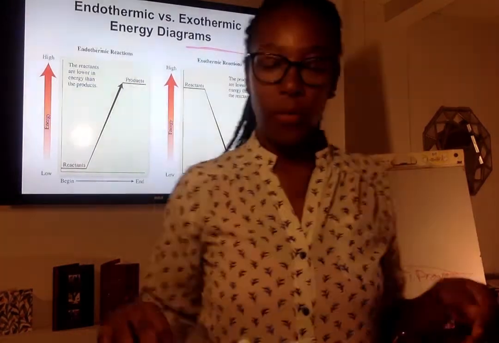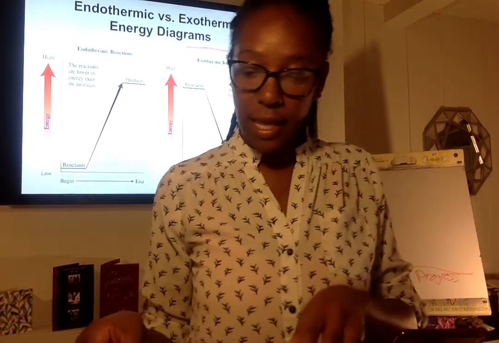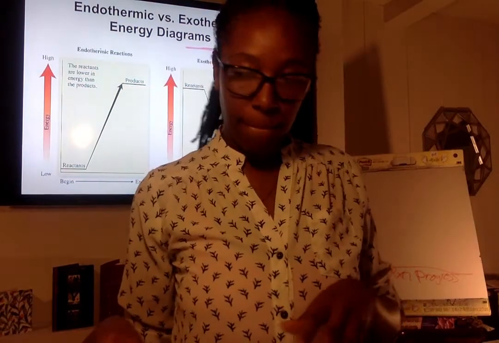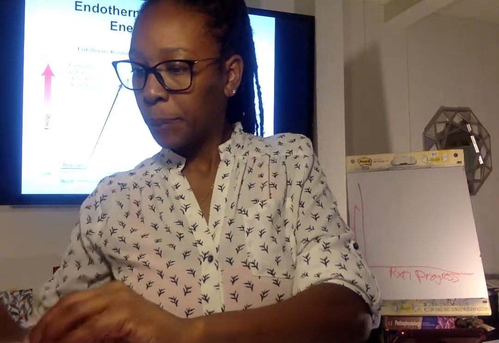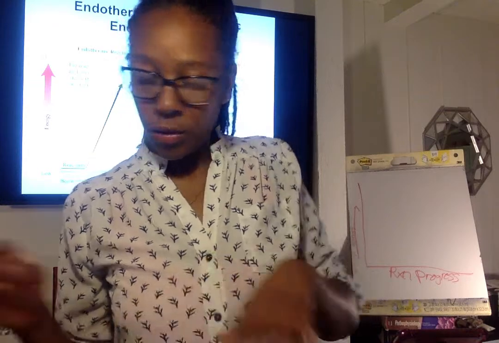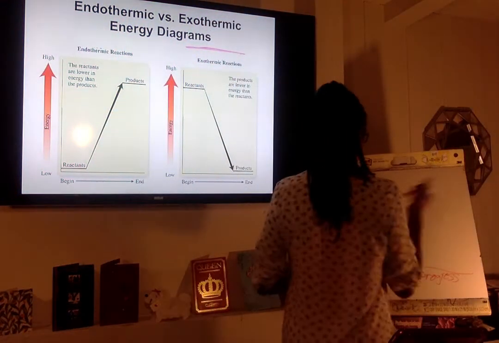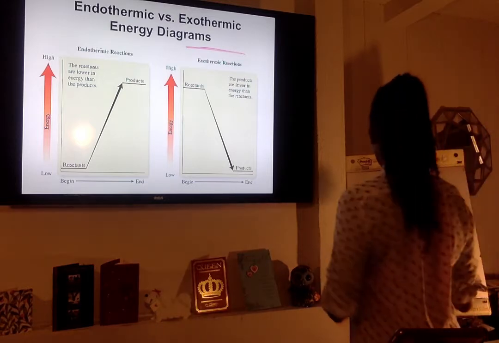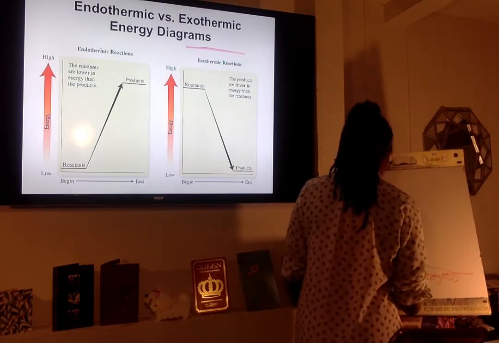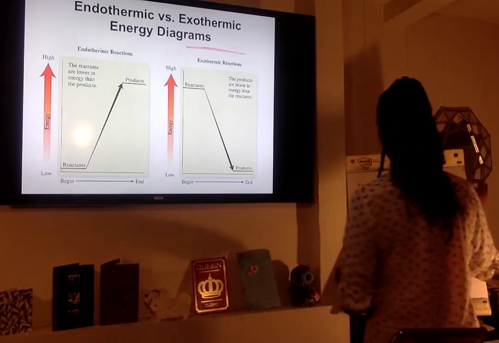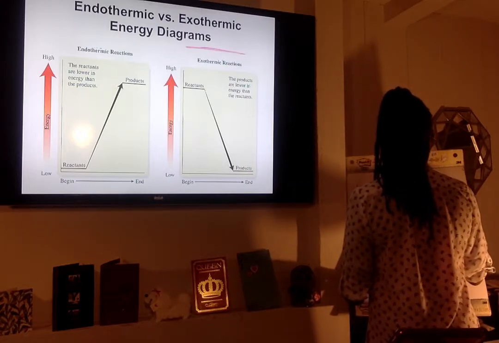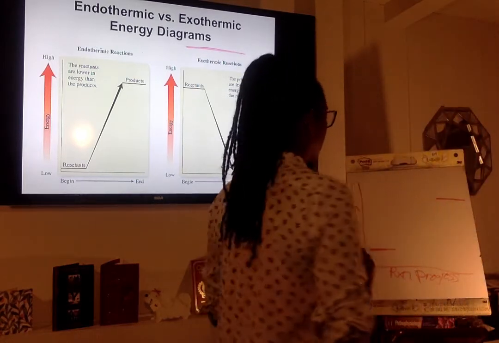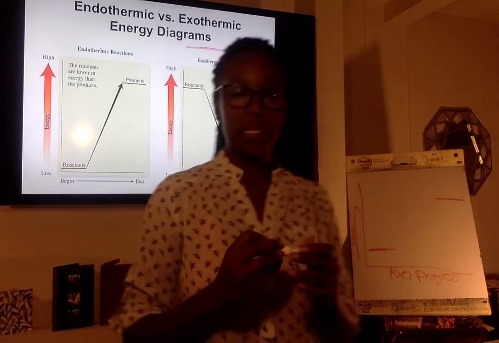Okay? So in that, we write this as, let's see. If we're going to start with the reactants low, so we're going to start low and end up high, right? Let's just say. And it doesn't necessarily matter to scale, right? But we know that it's about something like this, right?